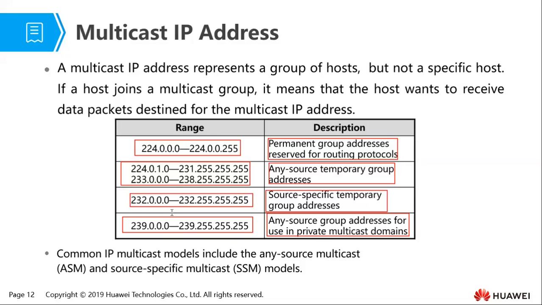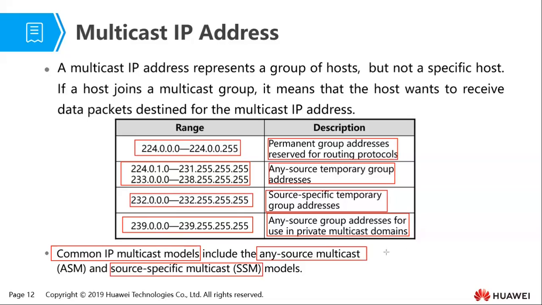We have two models that are used to deliver multicast packets. One of them is known as ASM, any source multicast. The other one is known as the source specific multicast model. The main difference between ASM and SSM is as the name suggests. With any source, the receiver does not know who the source is and does not specify who the source is supposed to be.